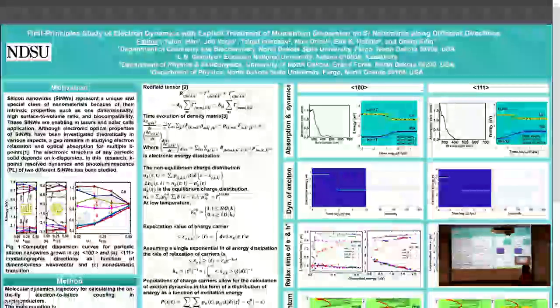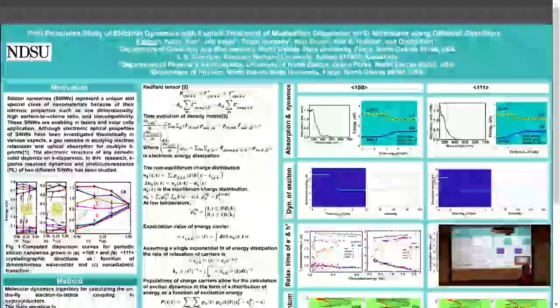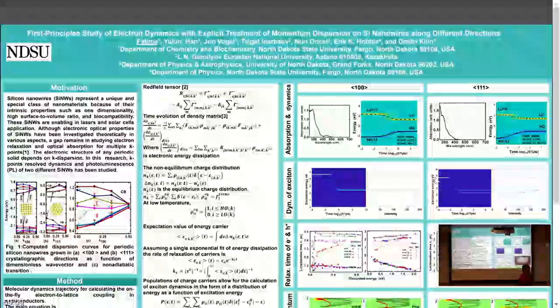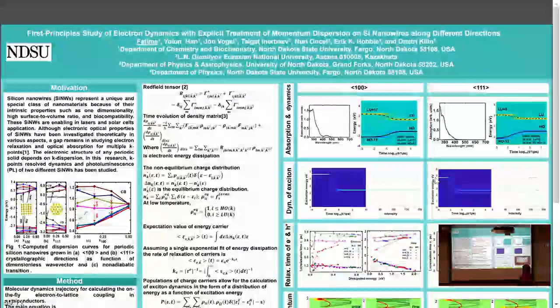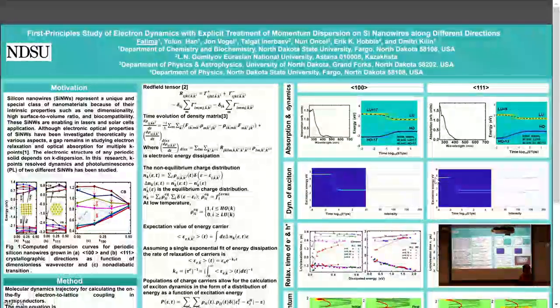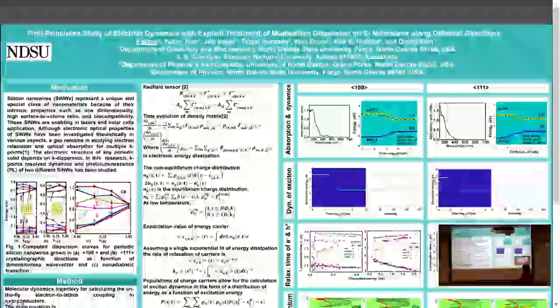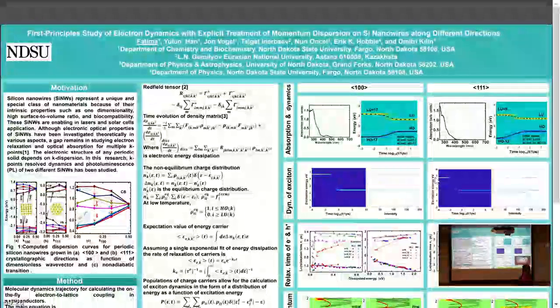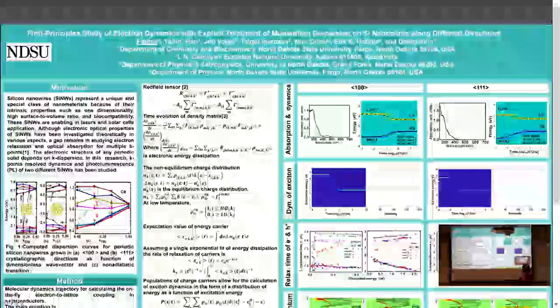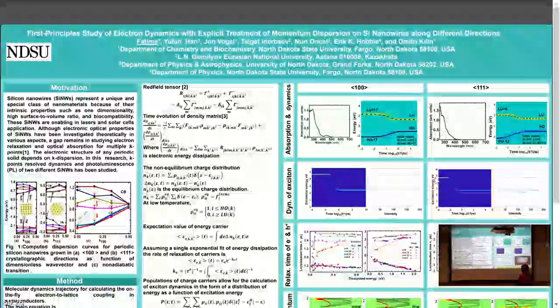Here, this term is the equilibrium charge distribution. And at low temperature, this term is one if index i is less than or equal to or more than 1. This is the Dirac delta function. And this is also a summation over all states.